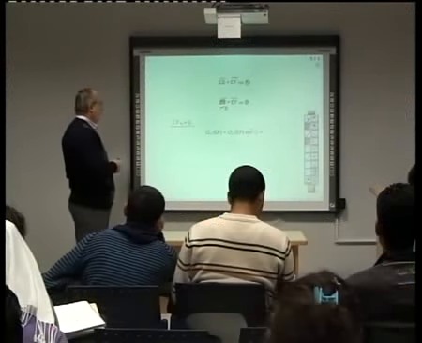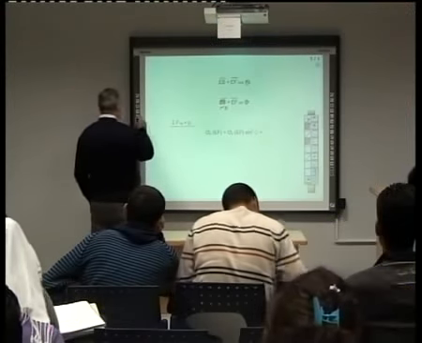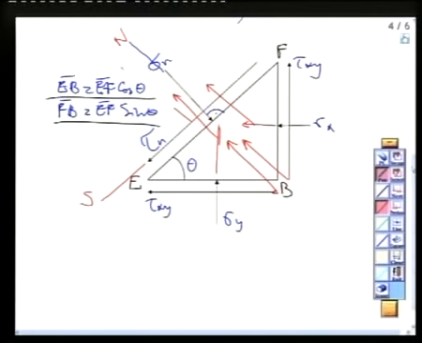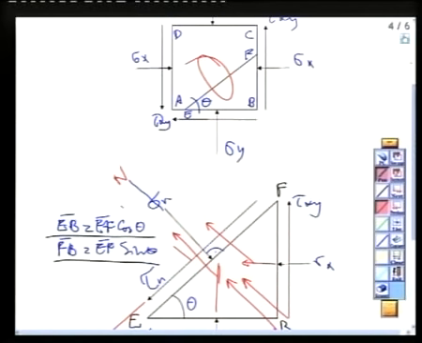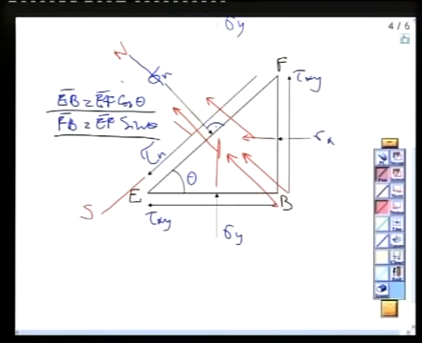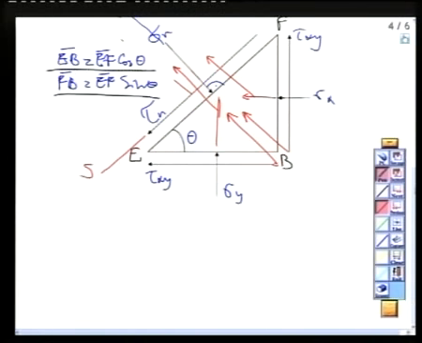Let us try to write it. The drawing is in front of you. I will try to use the same drawing because I want you to see how I get it. Let us see.